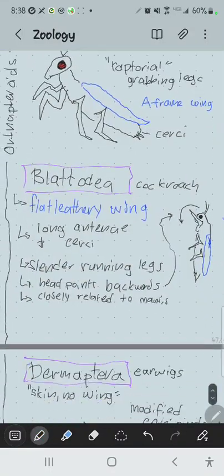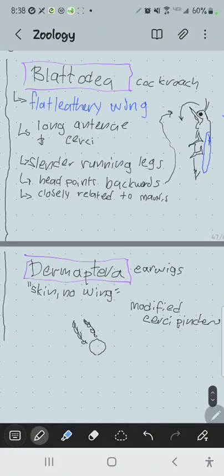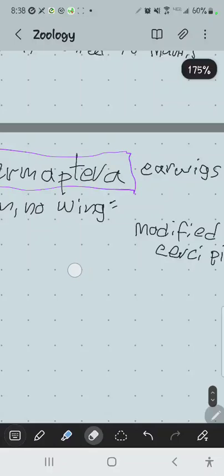But again, the key diagnostic features are on the hind end. Okay, so pretty easy. You know an earwig when you see one, a Dermaptera. But these are the diagnostic features of the group.